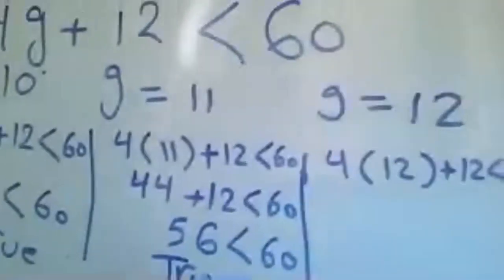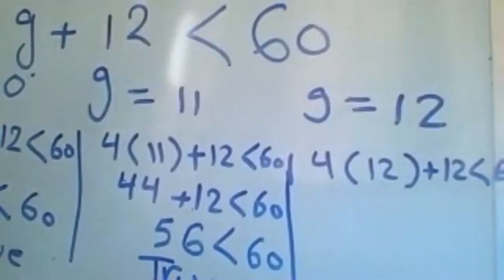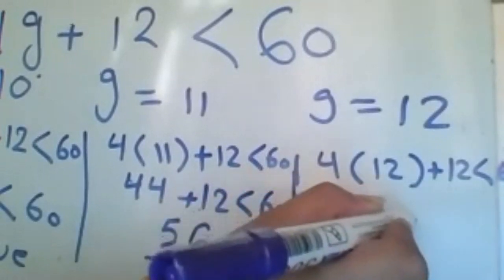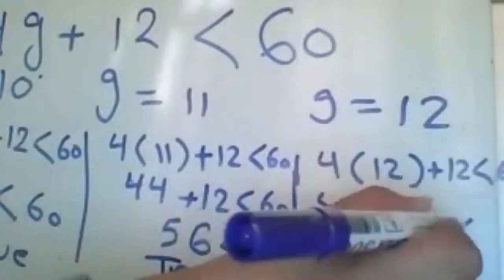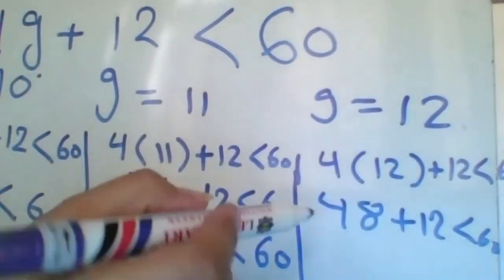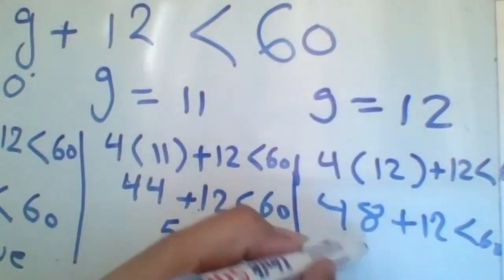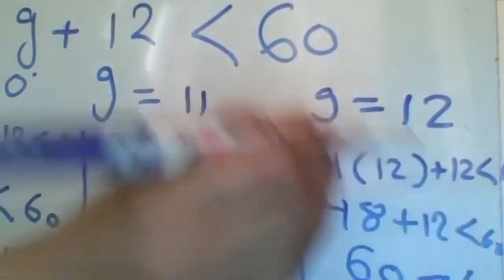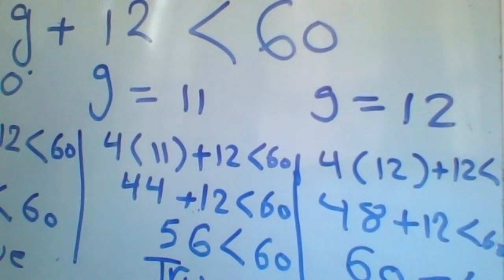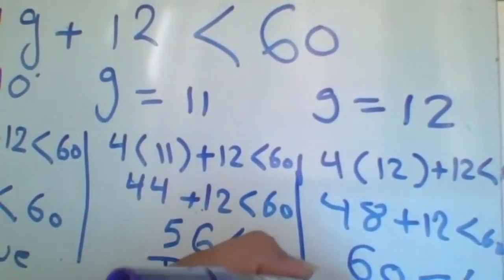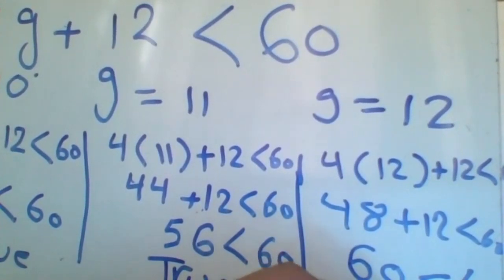So 4 times 12 is 48. 48 plus 12 is 60. 60 less than 60? It's false, so this one is not true.